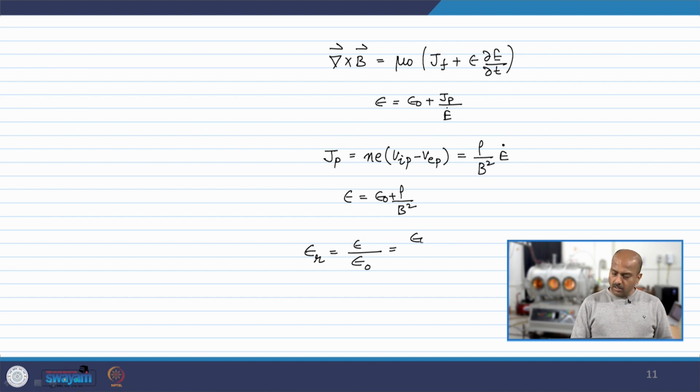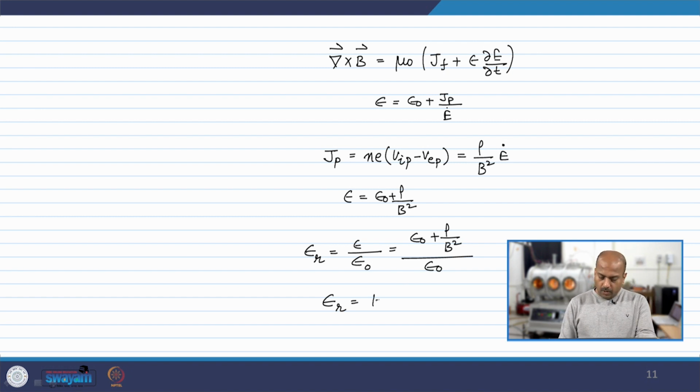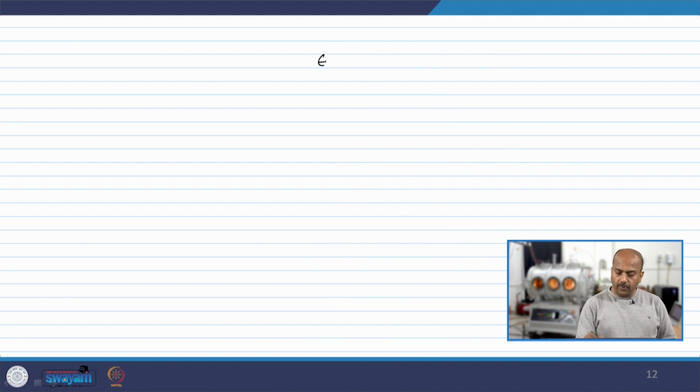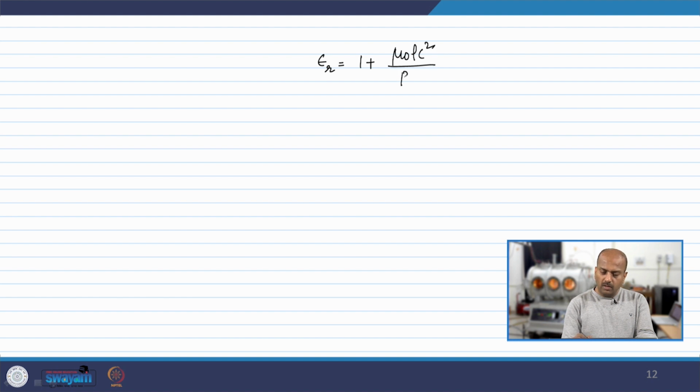We can write it as epsilon naught plus rho by B square divided by epsilon naught, so the relative permittivity is 1 plus rho by epsilon naught B square, which is 1 plus mu naught rho C square divided by B square, or epsilon r equals 1 plus mu naught rho C square by B square.